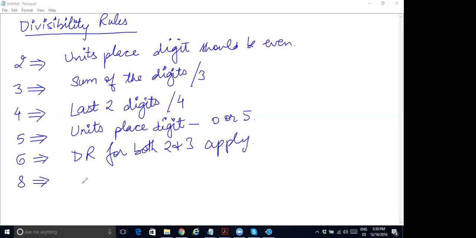For 8, is it the units place? I don't know actually. The last 3 digits should be divisible by 8. Oh, so similar to 4. Yes. For 9, the sum of the digits should be divisible by 9.